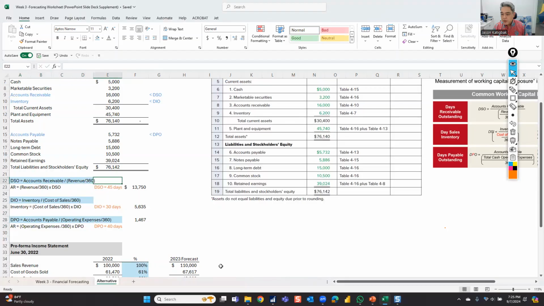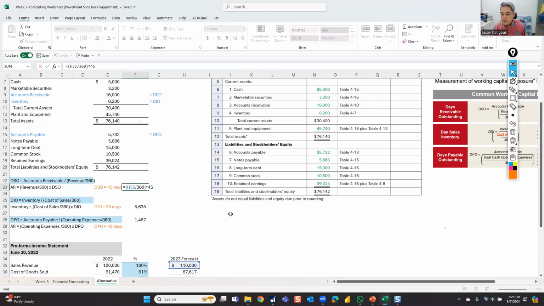So I highlighted here, if I think for next year it will take 45 days to collect receivables, if I think inventory will move every 30 days, and if my assumption is that payables will move in 40 days, or I would make a payment every 40 days, then let me do the recalculation.